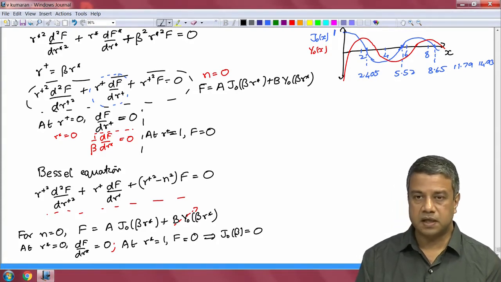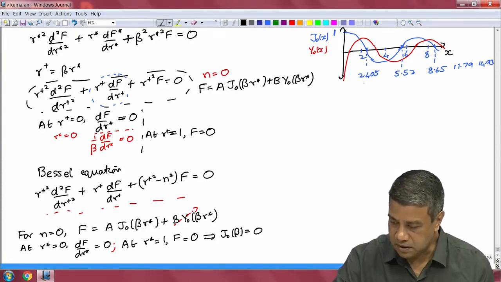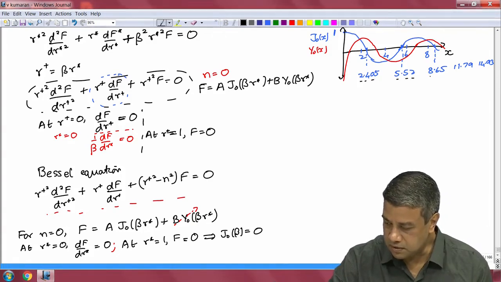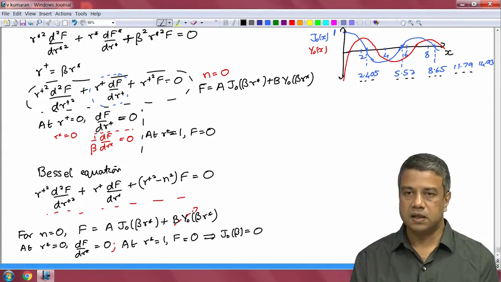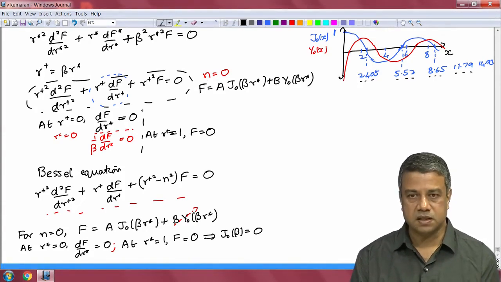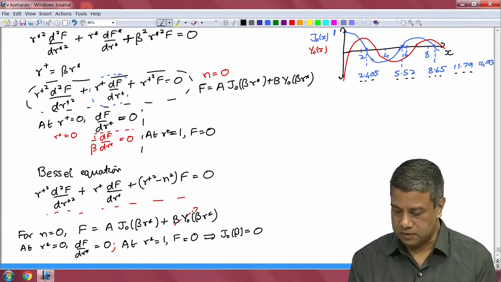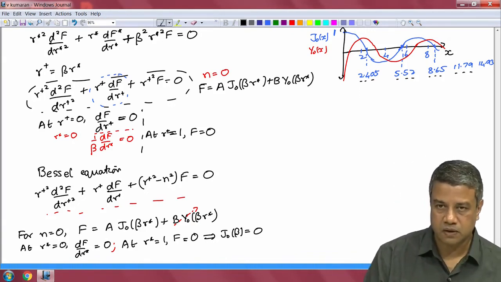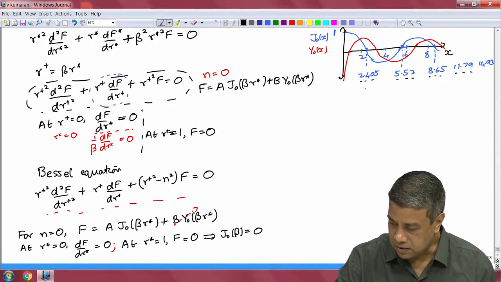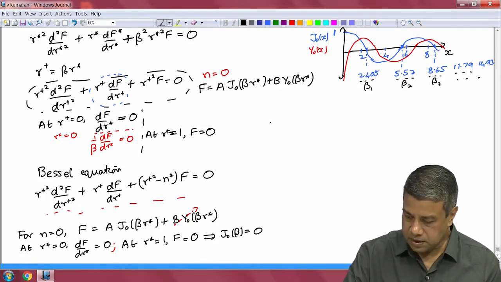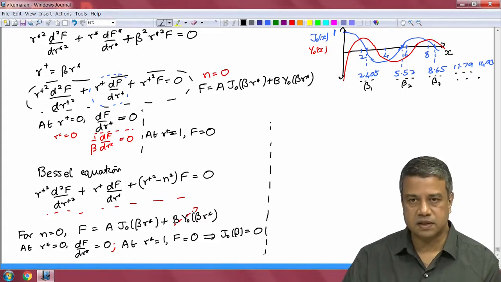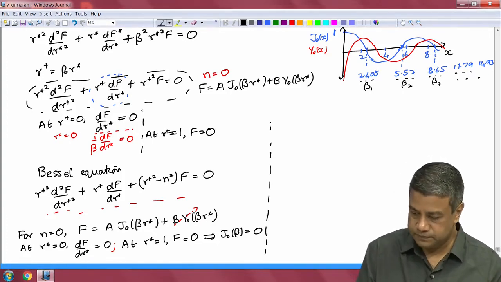That means that beta has to have one of these discrete values, because it is only at these discrete values that J0 passes through 0, and the boundary condition requires that J0 of beta be equal to 0. I will call these beta 1, beta 2, beta 3, etc. So beta has to have one of these discrete values in order to satisfy the boundary condition.